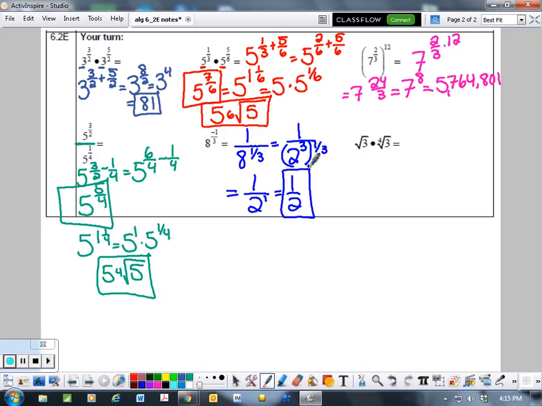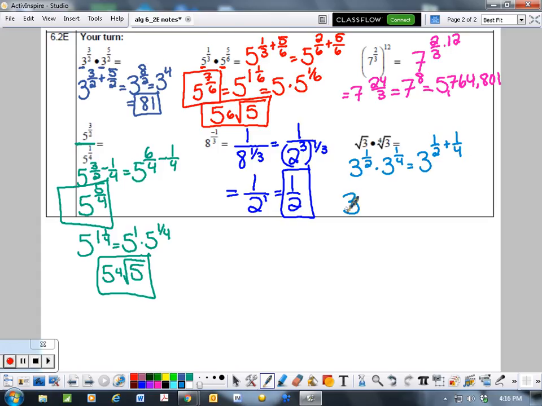And so then for our very last problem, we have the square root of 3. So this is 3 to the 1/2 power times the 4th root of 3, so 3 to the 1/4 power. So I'm going to have to go ahead and combine these. So 3 to the 1/2 plus 1/4, which means I need a common denominator.